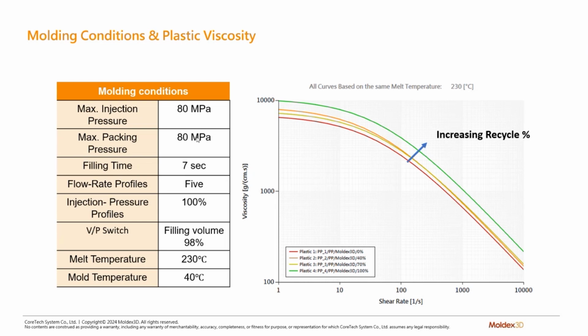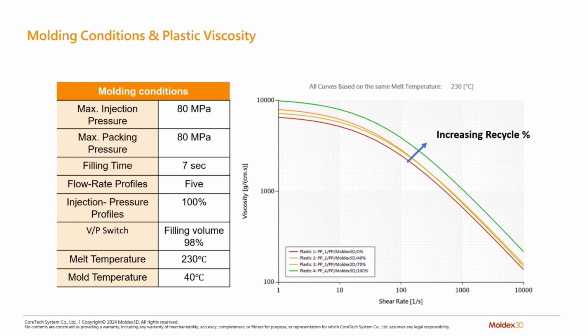So the initial molding conditions are based on the best conditions of virgin material. It is worth noting that, different from the phenomenon that the viscosity of recycled plastic decreases, the viscosity of the recycled PP selected here is larger than that of the virgin PP.